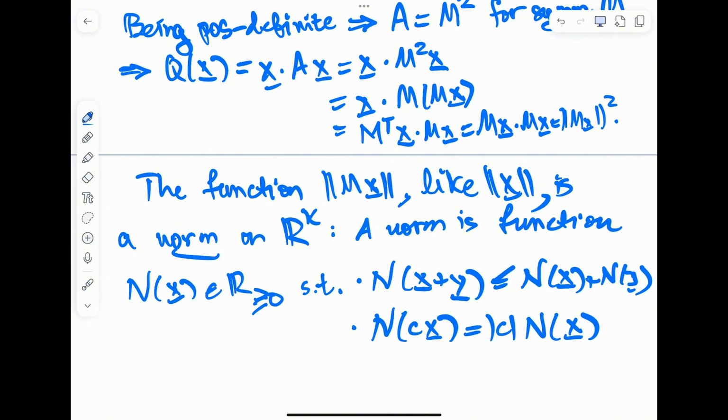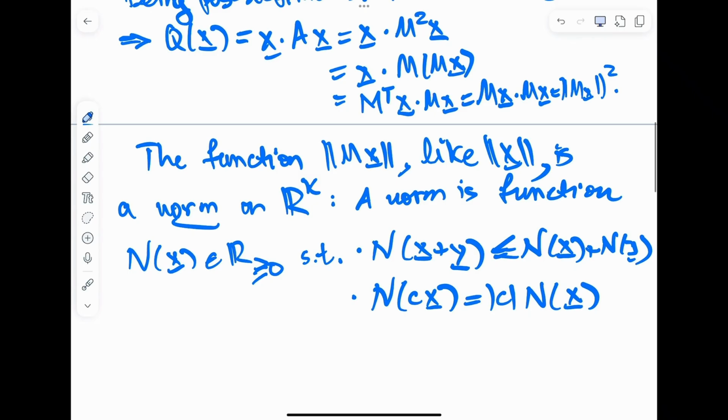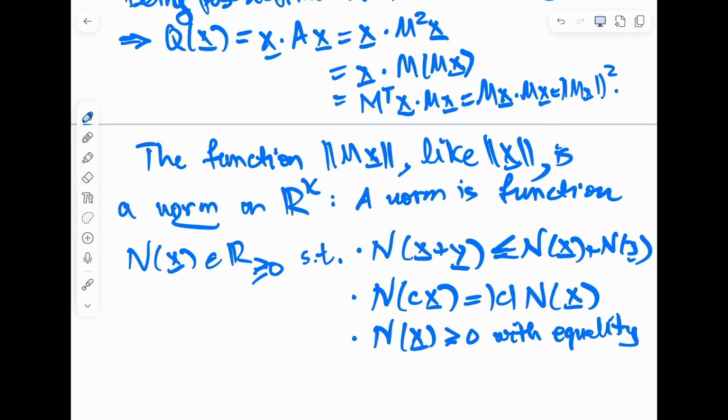I'm sorry, I didn't mean it's additive. I meant it satisfies the triangle inequality, and that it is greater than or equal to 0, with equality if and only if x is 0. This really should have been the first condition. It's like when you define a metric space: you don't wait to say when the metric is 0, it goes first. So the point is, ordinary length has these features.